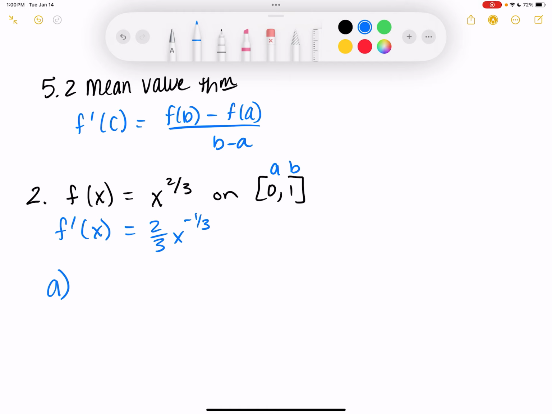So we've got 2/3 c to the negative 1/3 equals, so basically if we plug in 0 for a, if we plug in 0 into the original to get f of a, what do I get? 0. If I plug in 1, what do I get? 1. So this is equal to 1 minus 0 over 1 minus 0. And this is coming from the formula.